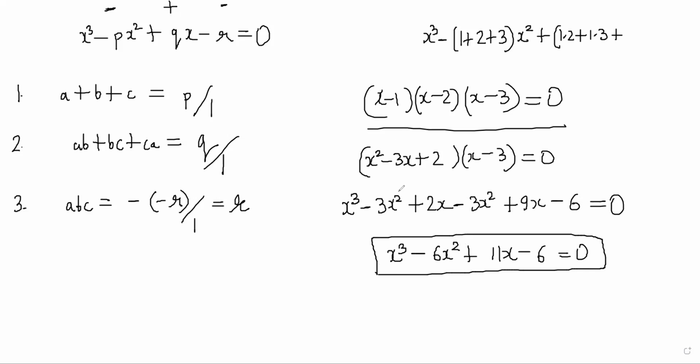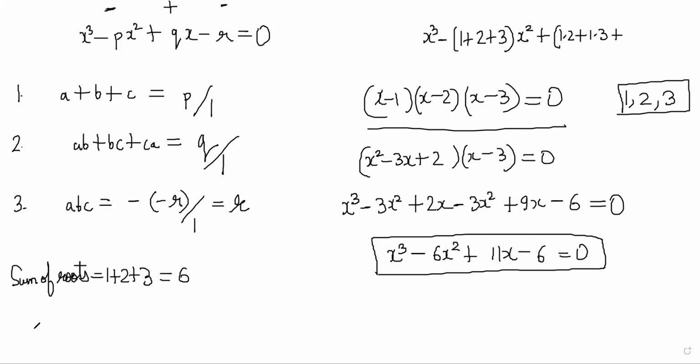Yes. I already know the roots of this equation, no? I already know that 1, 2, 3 are the roots of this equation, right? Yeah. Now tell me, what is the sum of the roots taken one at a time? So basically 1 plus 2 plus 3, that is 6. What is the sum of roots taken two at a time?